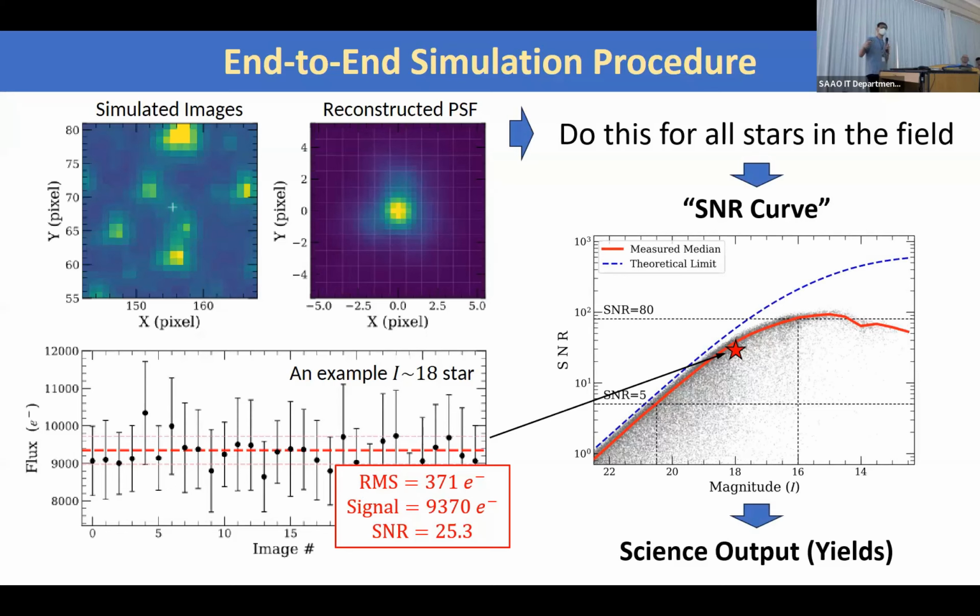This is our signal to noise ratio curve. And using this curve, we can simulate the light curves based on the noise level and finally get the expected science output. And then we basically optimize the final science output by the number of free floating Earths.